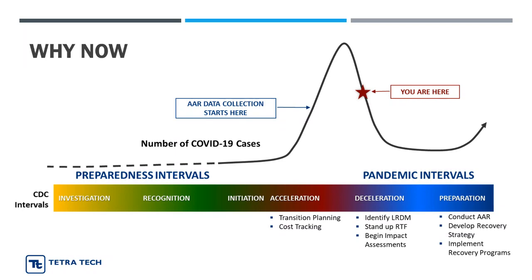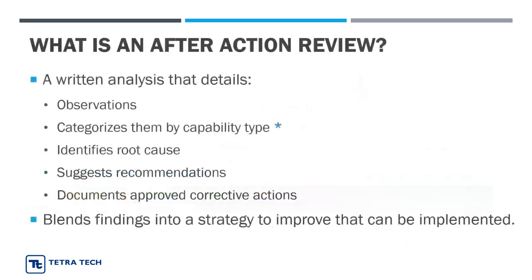Let's go ahead and talk about what an after-action report is. An after-action report process is simply a process to improve. I like to use the analogy of mining ore. In the end, what we want to do is create a product that's going to give us some value based on the experiences that we've had from the incident or event.